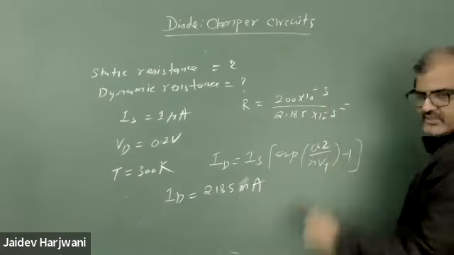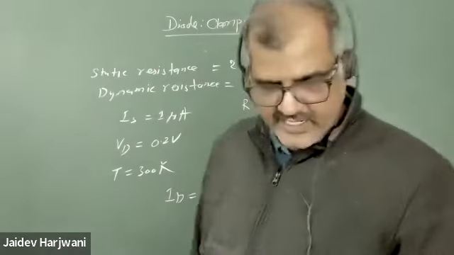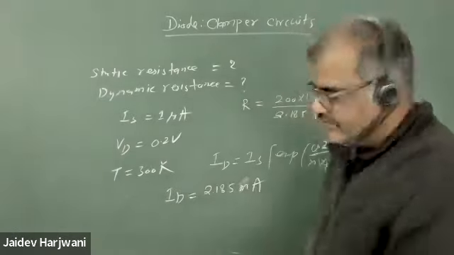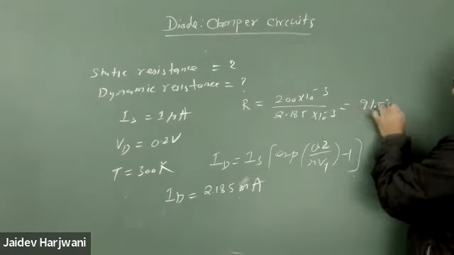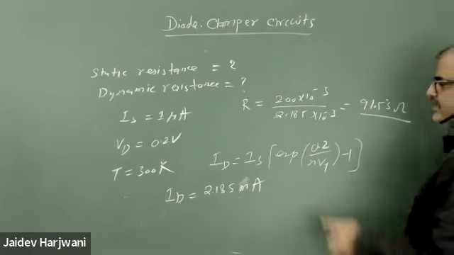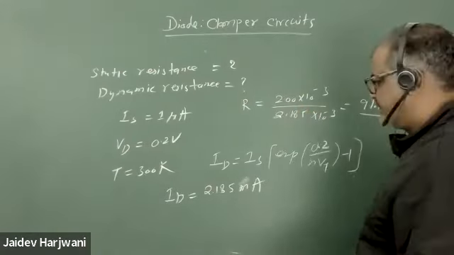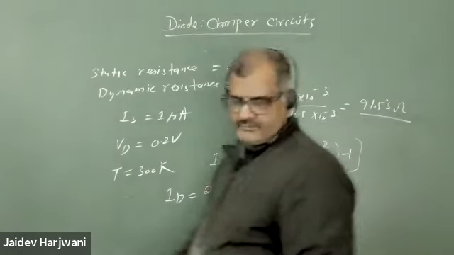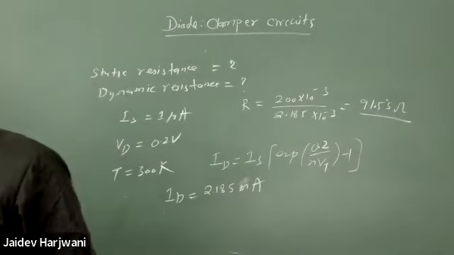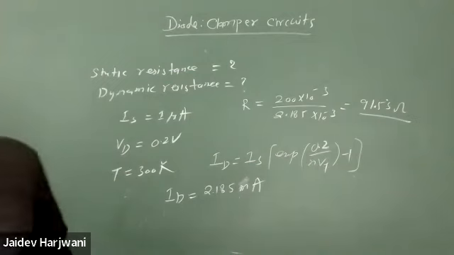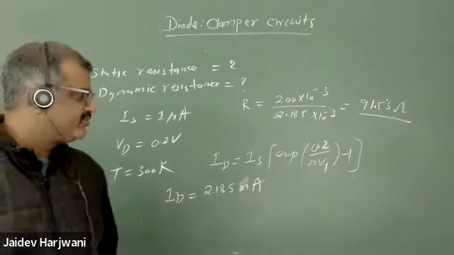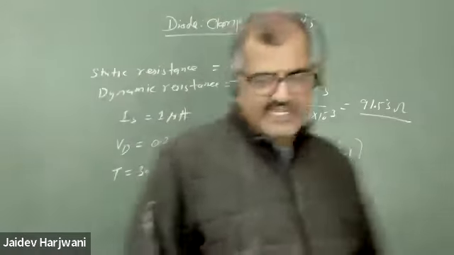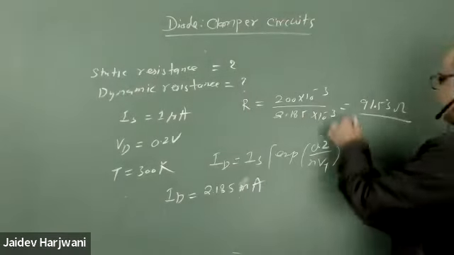So how much should this come? Something like 91.53 ohm should come. 200 divided by 2.18 gives 91.7 ohm. Yes, whatever it is, 91.7 is coming. It should become almost 91.